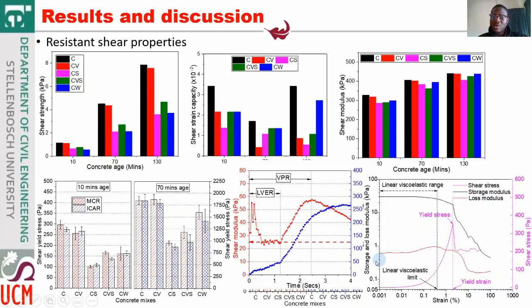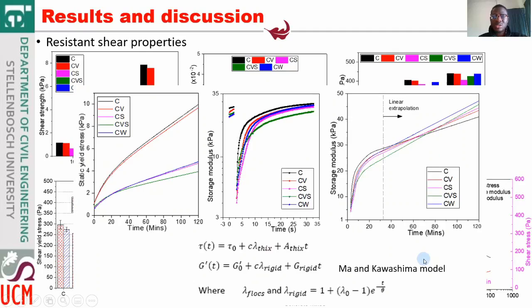And these were how these values, for example, were determined: from the ICA at this point where the shear modulus is taken as the shear modulus, and for the MCR, small amplitude oscillatory shearing, it was determined from the storage modulus and the loss modulus.